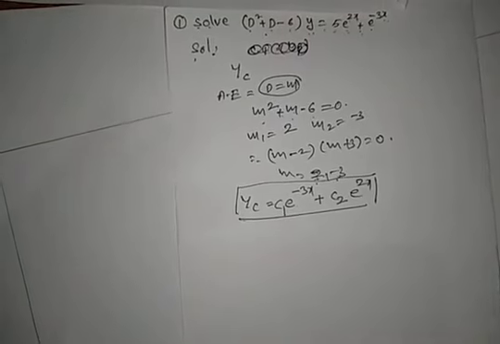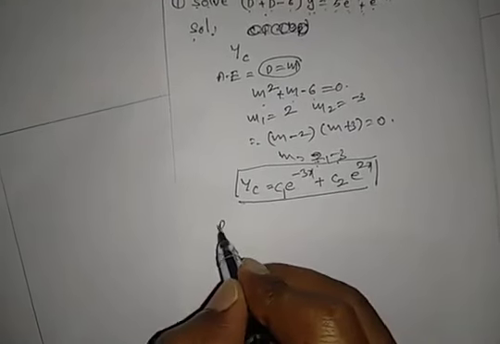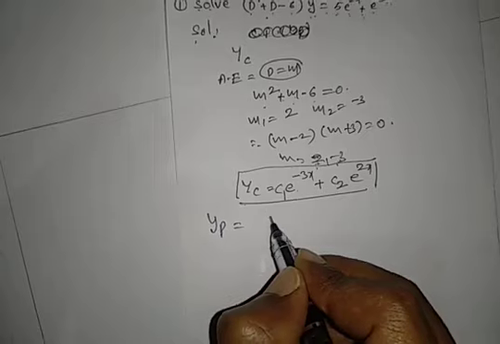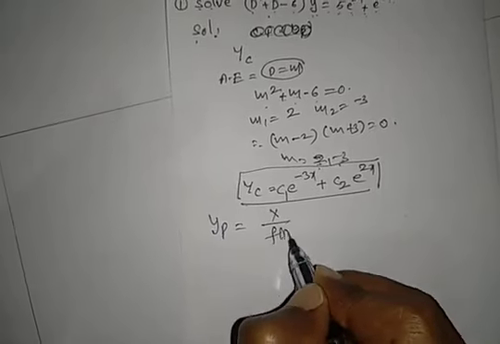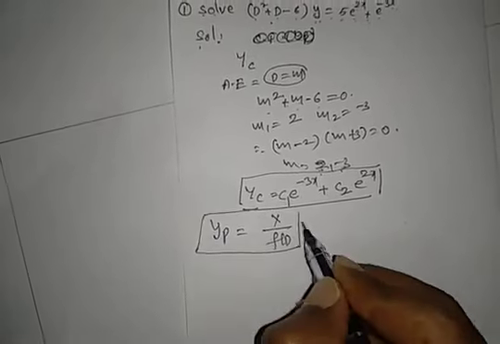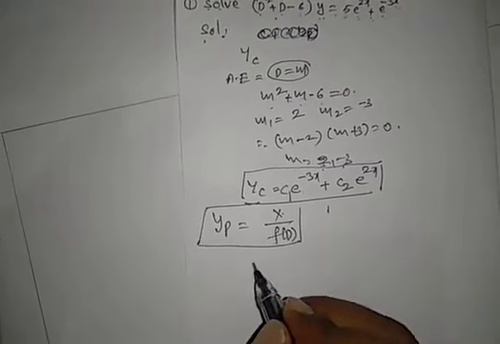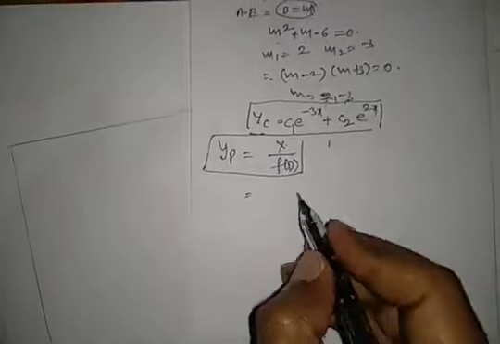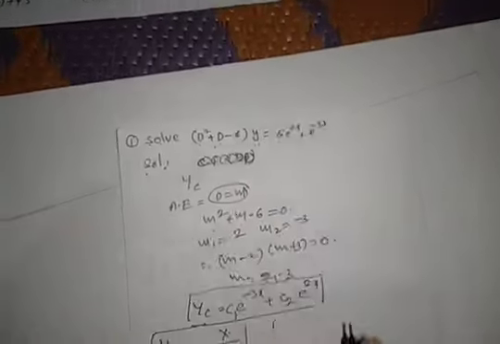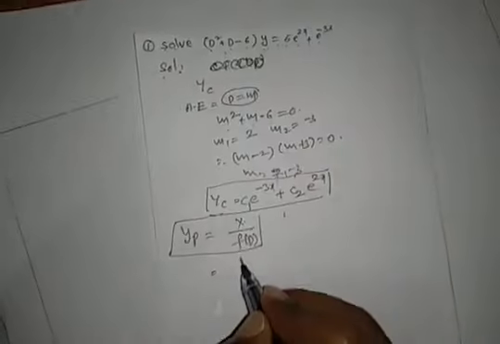Now find the particular integral, yp is equal to, formula is X by f of D. X means the RHS value, f of D means the LHS value.